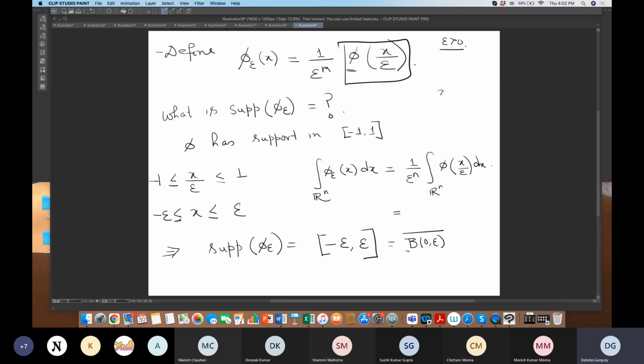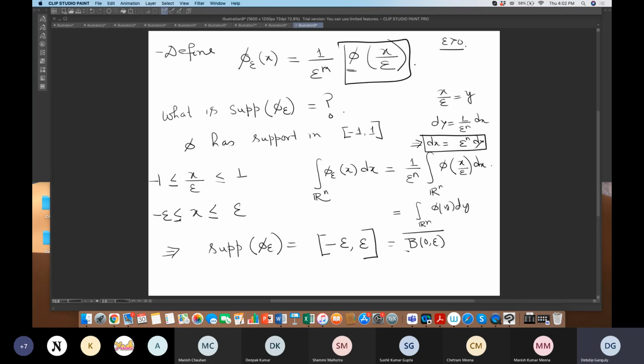I can write x by epsilon equal to y. So, using the scaling property, dy is 1 by epsilon to the power n into dx. This implies dx is equal to epsilon to the power n dy. So this epsilon n cancels out, and this is the integral over R^n of phi of y dy.